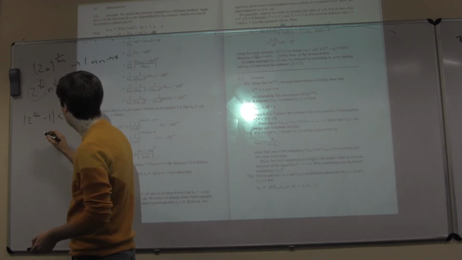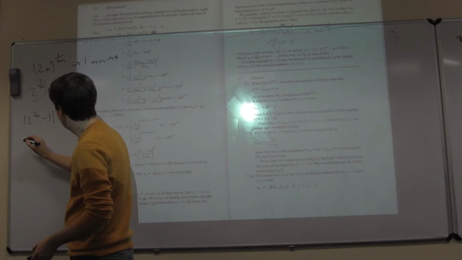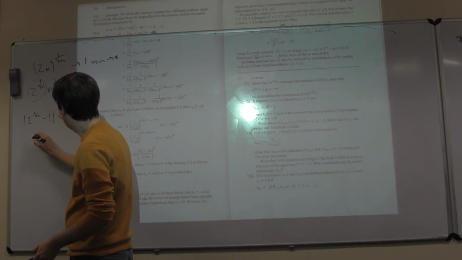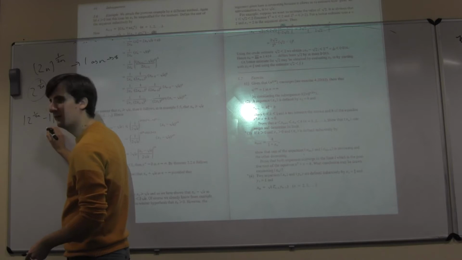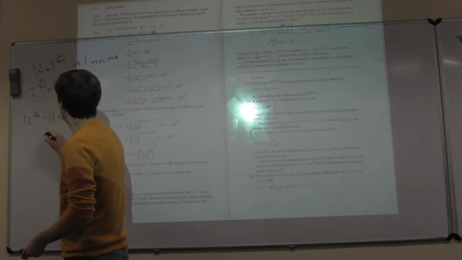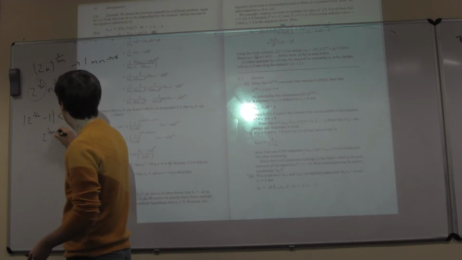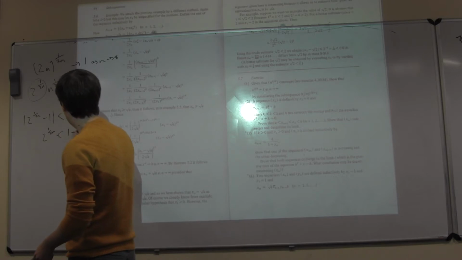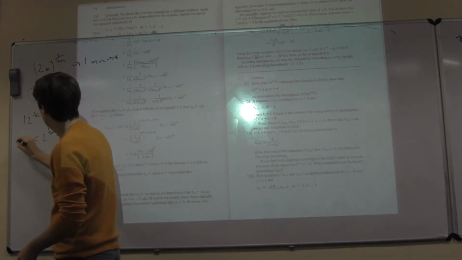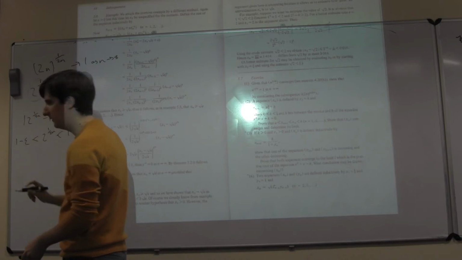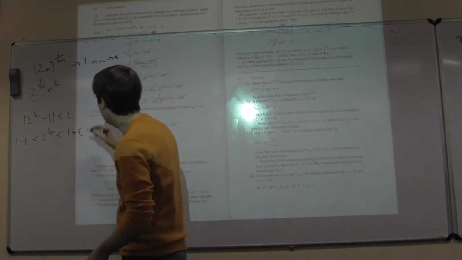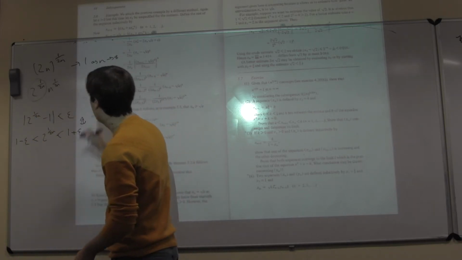So we can rewrite this as 1 minus epsilon less than 2 to the power of 1 over 2n less than 1 plus epsilon. That's what we need. So this is if and only if.